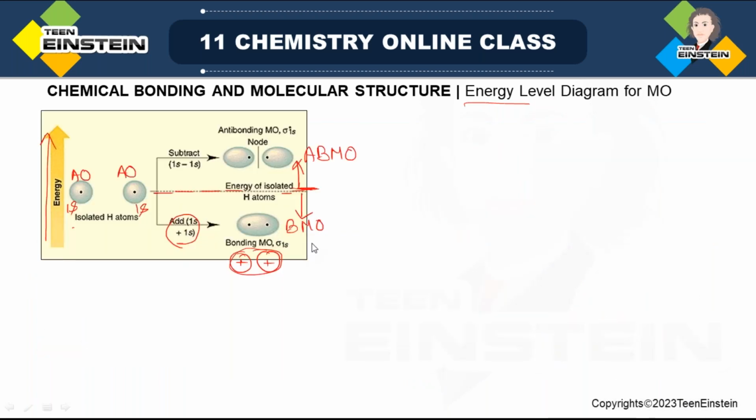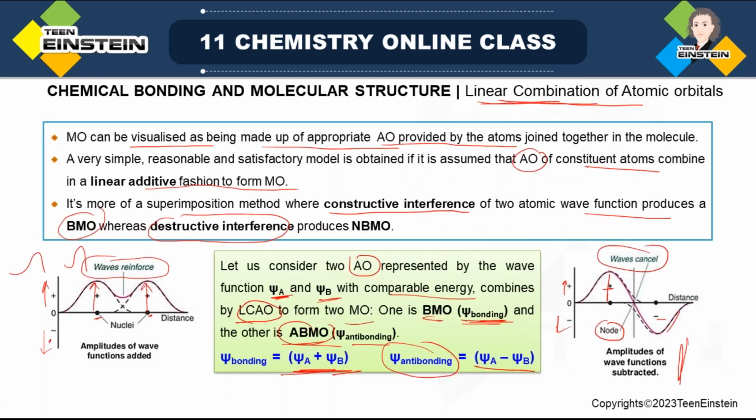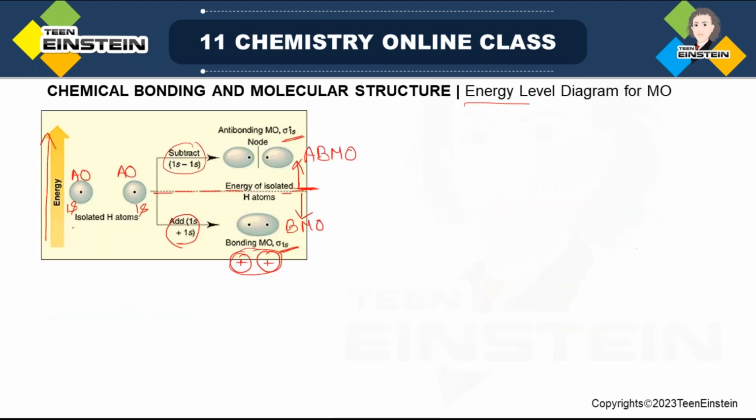So one is BMO, another one is ABMO. And this antibonding MO will be denoted as sigma star, and this is sigma. So in this case, it is destructive. See, this is destructive interference, right? So in this way, this is the H2 molecule. Once it is formed, there will be one antibonding MO, one BMO.